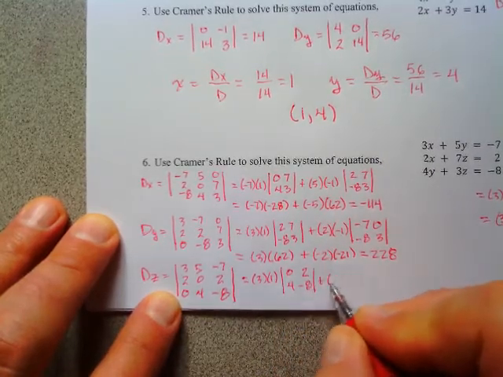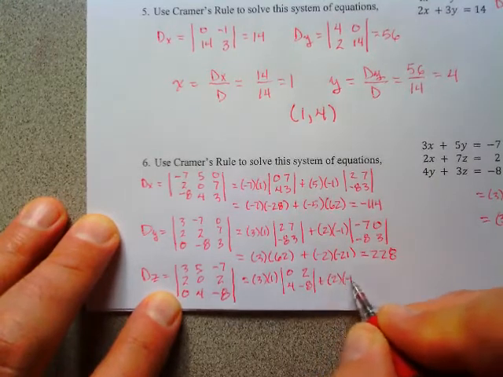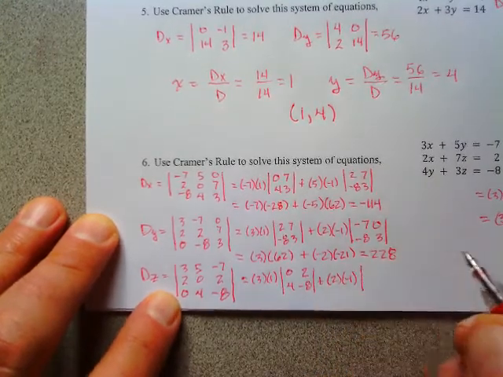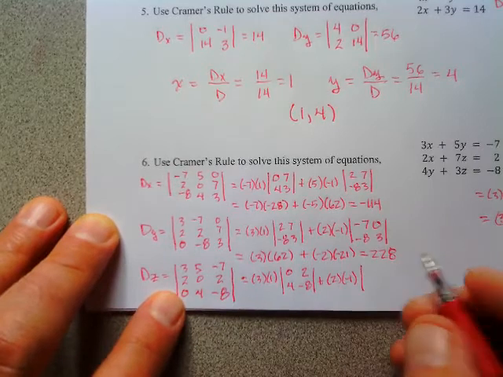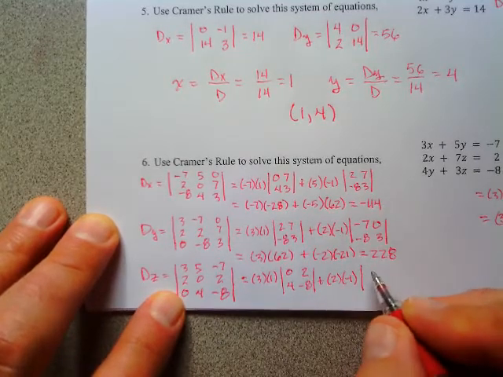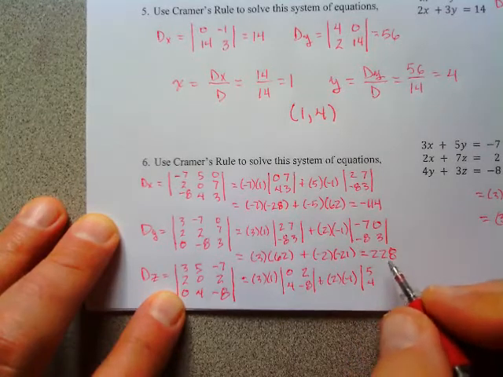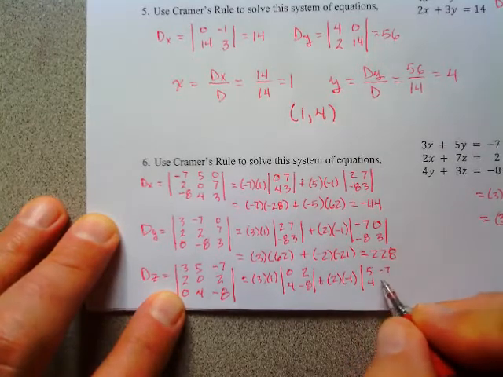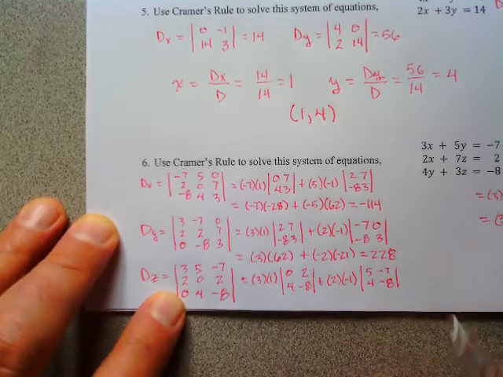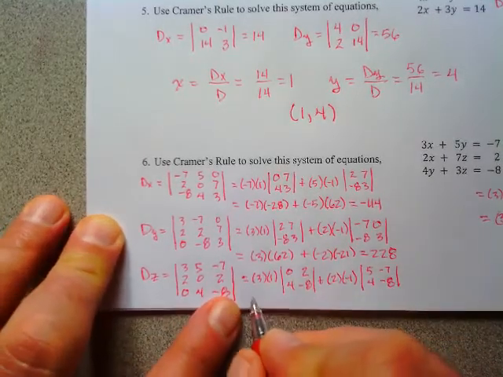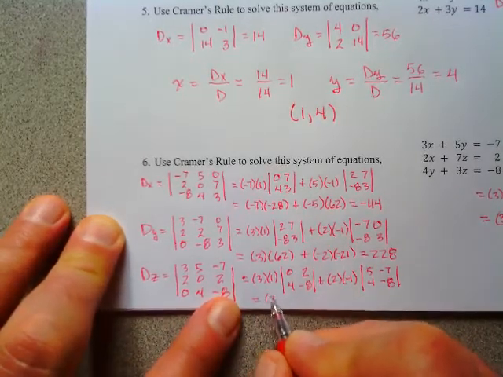And then it has its 2 times -1. And that one's going to have 5, 4, -7, -8. And so this last one will have a 3.